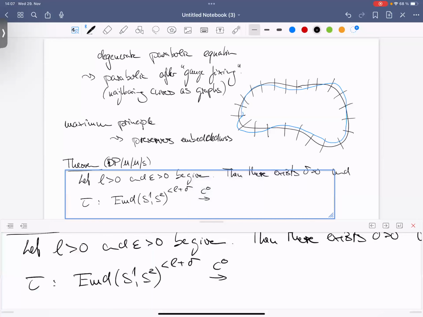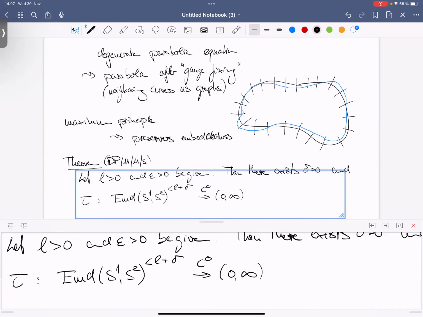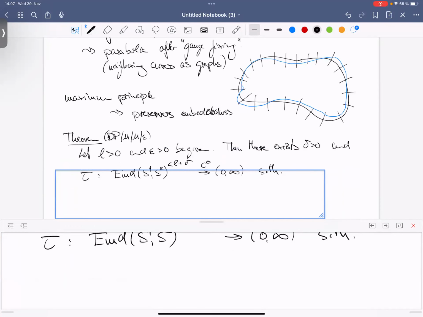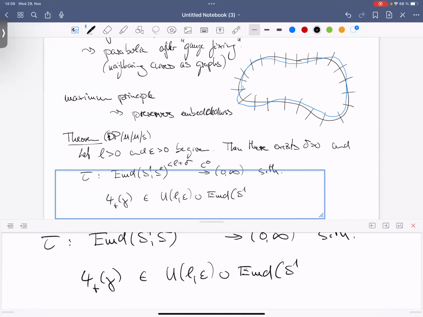This is a continuous function, you don't need more than that, to the positive real numbers, because it's supposed to give you a certain parameter time for your flow, such that the following holds. The curvature flow with initial point gamma at t is in a certain neighborhood, which we call U L epsilon, of the critical points, union the embeddings from S1 to S2 with length less than L minus delta, if t is bigger or equal than tau of gamma.